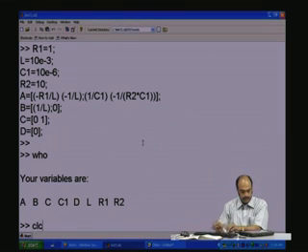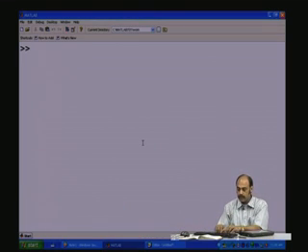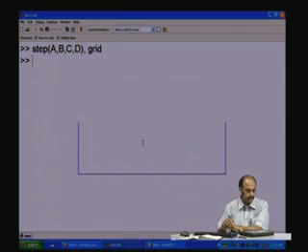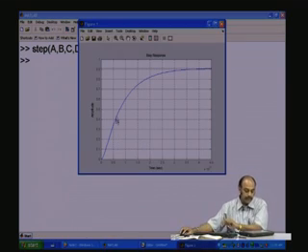Let me again clear the screen. So, let us do the step response. Step A, B, C, D, grid. So, this gives the step response, that is the output in this case is VC, the voltage across the capacitance.